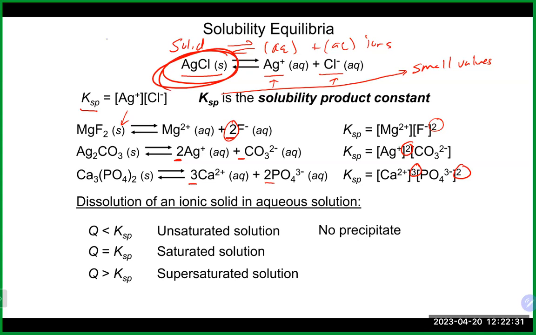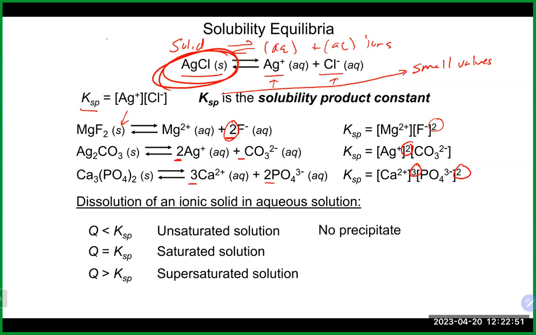One way that we could use KSP is to figure out whether or not, if we put two ions together, we would get a precipitate to form. Now, based on solubility rules, it may tell you that if you put these two things together, you will get a solid that forms.